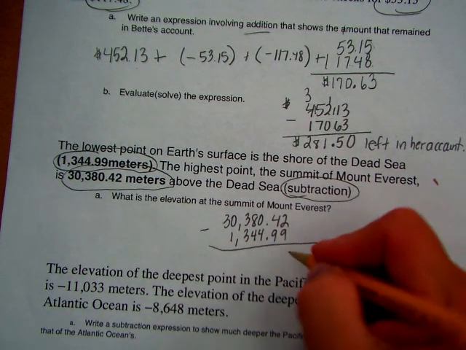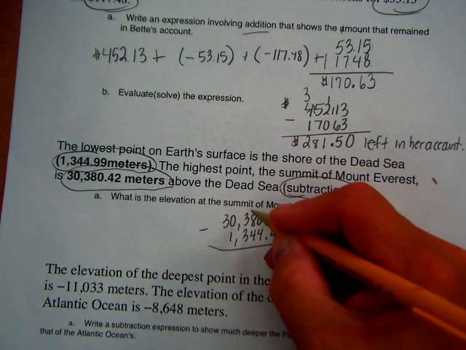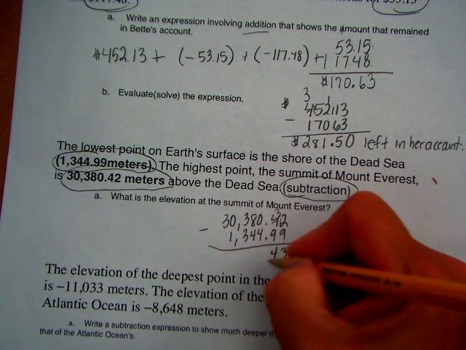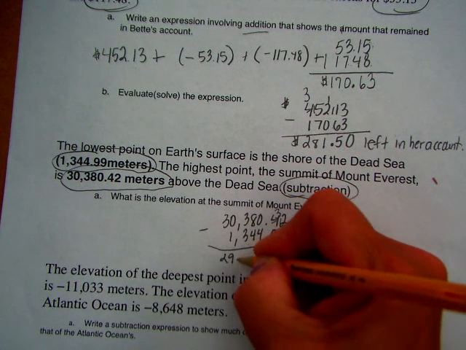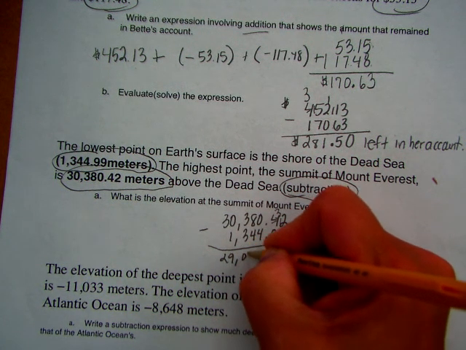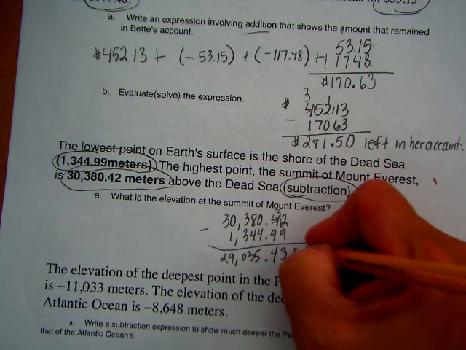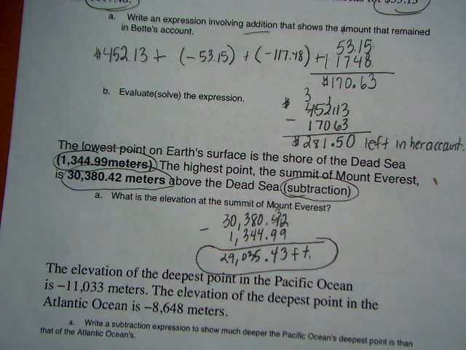When you do this and you borrow and you subtract it all out, you get 29,035.43. And don't forget to put feet on the end. I always also have everyone circle their answers.